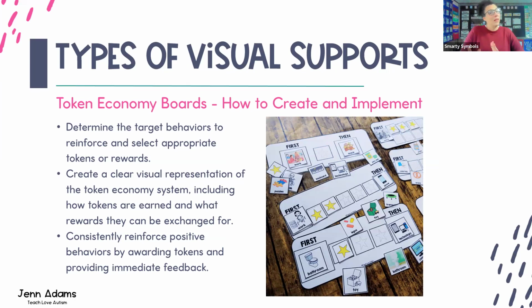So again, how do we create this? How do we implement? I've talked a little bit about it. Let's go a little further. You want to make sure you're targeting specific behaviors and selecting appropriate tokens and rewards for that. So I've seen in both of these images here on these slides, you're seeing stars as the tokens, but I've also seen teachers that have personalized the boards and made it pictures of a favorite movie character or TV show character or video game character or a sport.